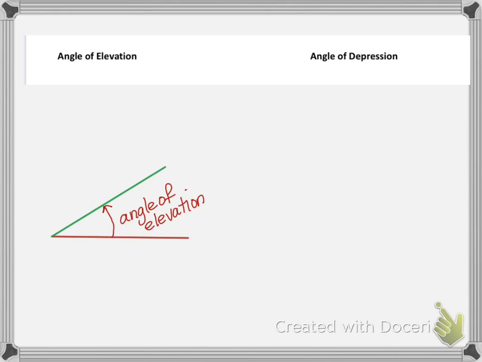So your line of sight moved from the horizontal into a more upward angle. It's as if you were standing here and you spotted, I don't know, an airplane flying overhead. Your upward eye movement caused your angle of elevation to increase.